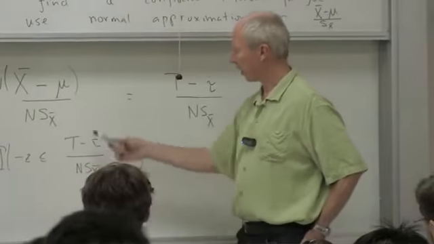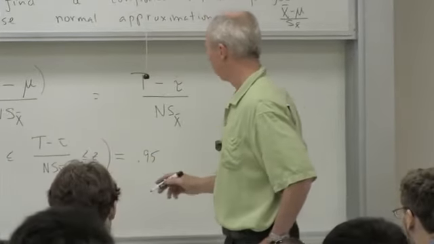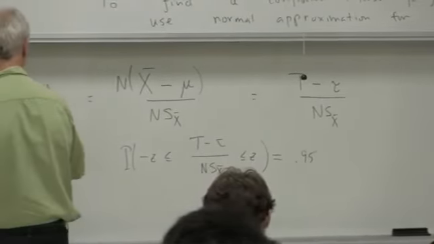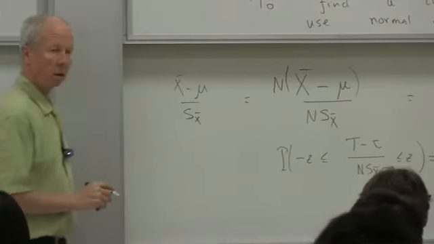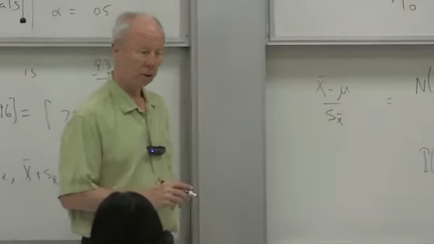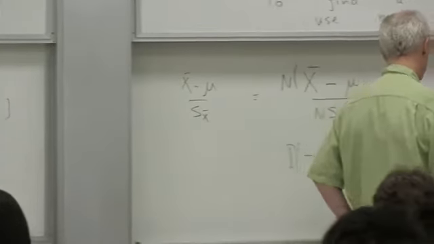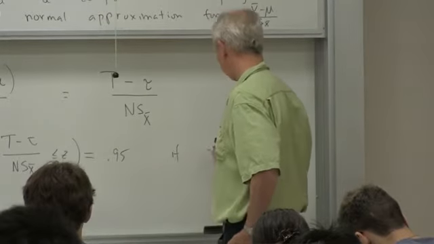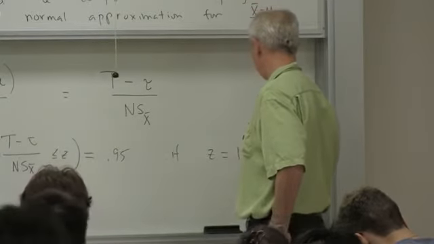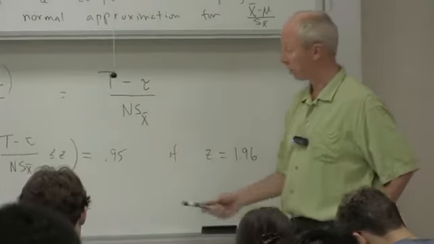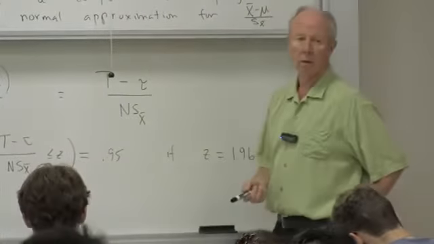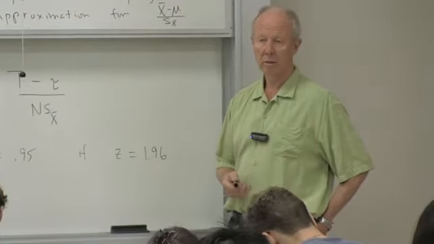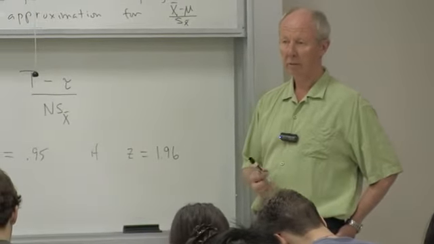Now, what is this expression in here? It's exactly x bar minus mu over s x bar, right? And that was approximately normal. So this would give the same values of z. Because this is no different from what we just did. So z is 1.96 still. But what confidence interval does that give for tau?